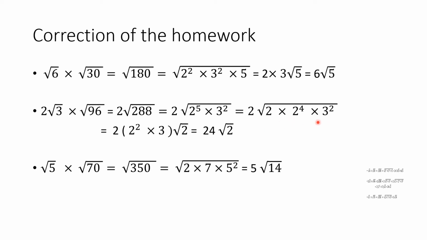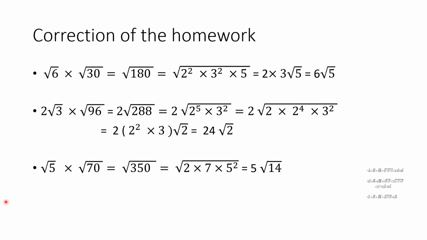And finally, we get the integer 2, then 2 square obtained from the square root of 2 to the power 4, and 3 obtained from the square root of 3 to the power of 2, and multiplied by radical 2. Calculating or reducing this answer, we get 24 radical 2.